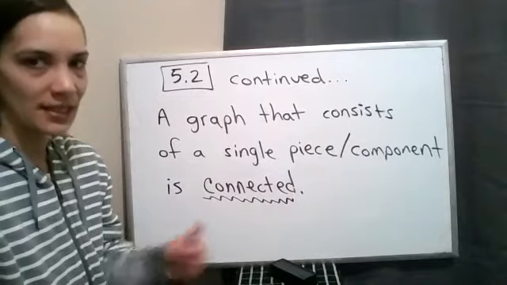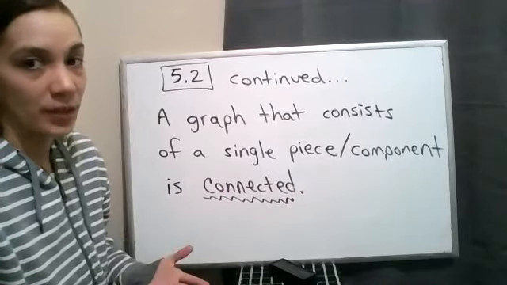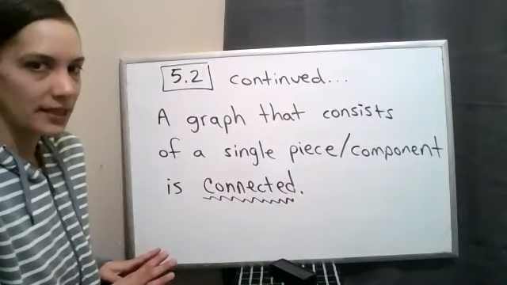If there's one piece, it's connected. If there's 2 pieces, 3 pieces, any more than one piece, it's called a disconnected graph.